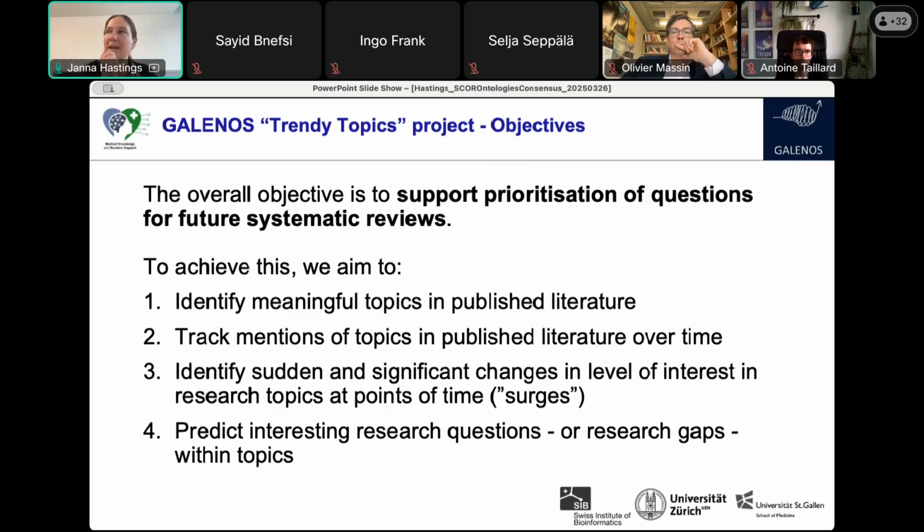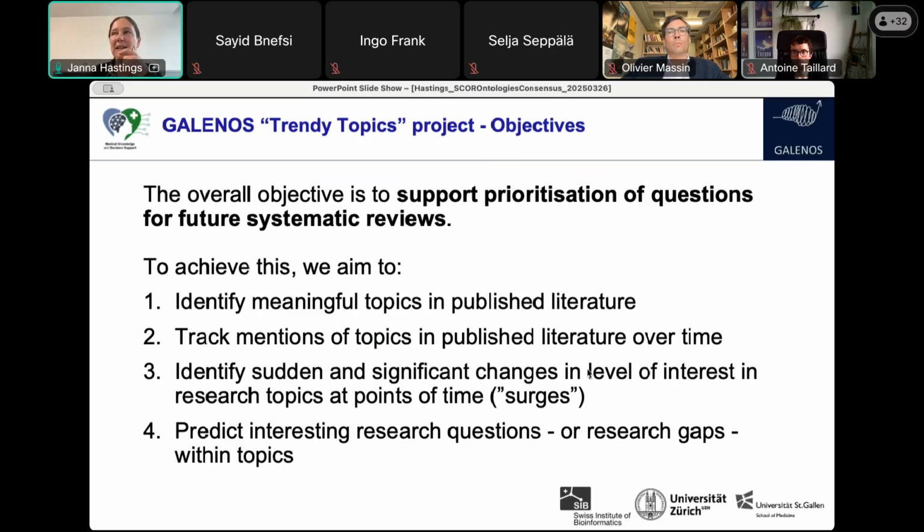You just need to define a topic and then track the topic mentioning over time, and then perhaps identify sudden changes in the level of interest in a research topic at a point in time. And maybe this could be sparked by one paper showing a new direction, which then explodes into an area of research, or it could be sparked by an external event.